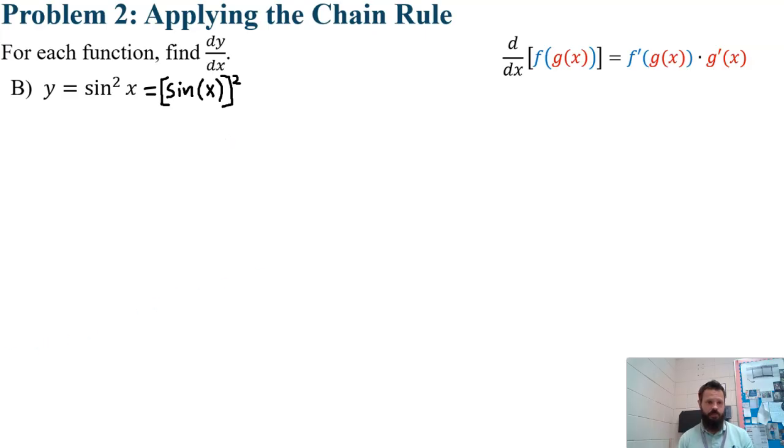All right. Once we have that rewritten, then we can start thinking about what's our outer and what's our inner function. Outer, once again, we'll call it the f of x, is going to be what we're doing on the outside of the parentheses, squaring. So we'll just call that x squared. And our inner, on the inside here, the g of x, is the sine of x.